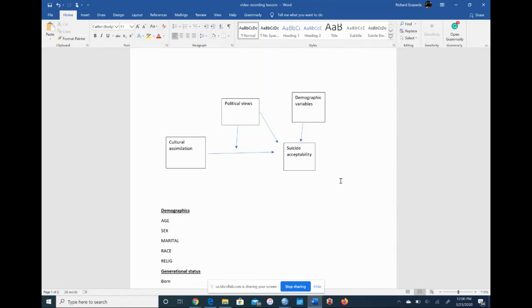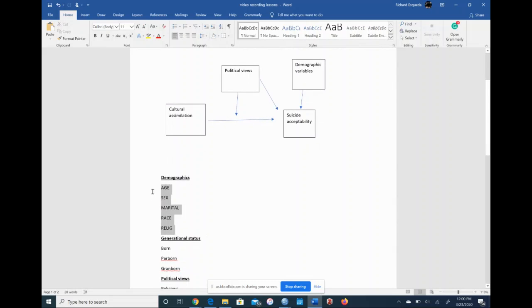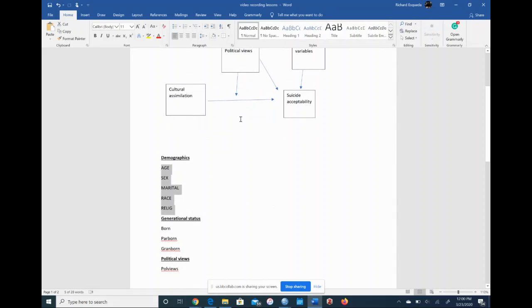Other variables that could be included would be variables like income. Okay, so for my theoretical model, I chose 5 different variables to use as part of my demographics of an individual. Okay, so now for my next one, which is cultural assimilation.